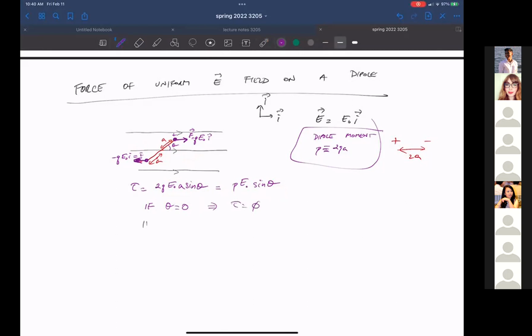If theta is pi over 2, then sine of theta is going to be 1. So the torque is going to be P times the electric field. It's the maximum torque when your dipole is sitting like that. It has a lot of rotational force on it to rotate.